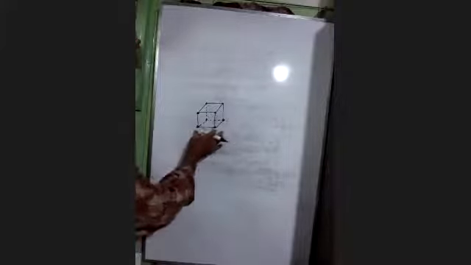So this is a unit cell. This is a unit cell. So how many constituent particles do we require to make a unit cell? Minimum we require 4 from the bottom and 4 from the top.